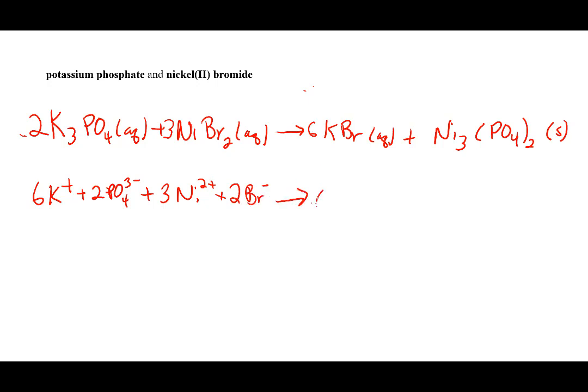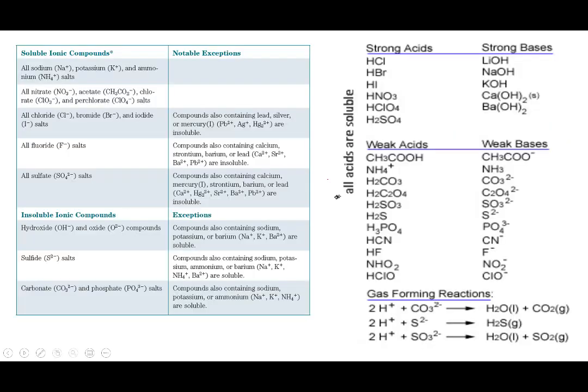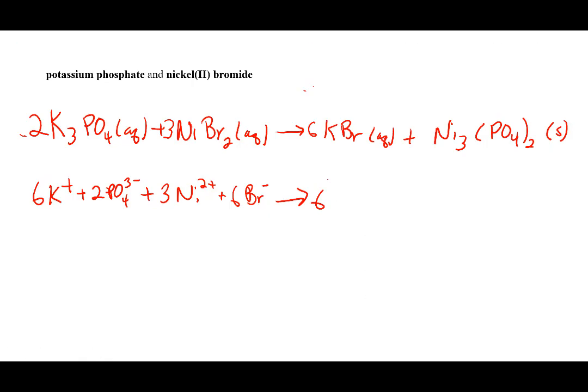Those go to make 6 Br minus, because you have 2 of them in each nickel bromide, but there are 3 nickel bromides. 6K plus, that's aqueous, plus 6Br minus, that's aqueous, plus the nickel phosphate, which is a solid. And so all of these are aqueous as well.